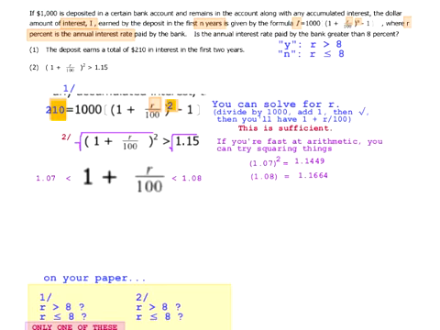Then subtracting 1 and multiplying by 100, oh, hey, that worked. So this is sufficient because R is definitely less than 8. It cannot be greater than or equal to 8.